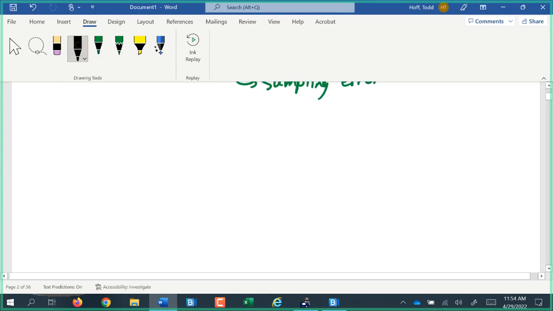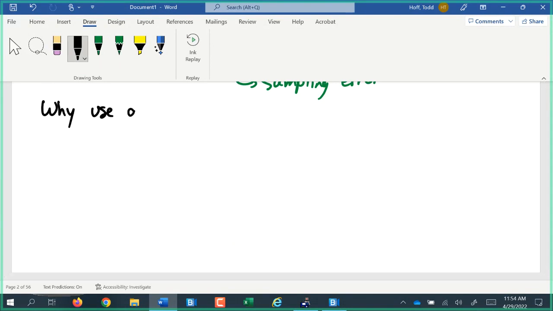Well, let's get back to that question I promised you. Why use a sample? And of course, the implied rest of that question is, instead of a whole population.